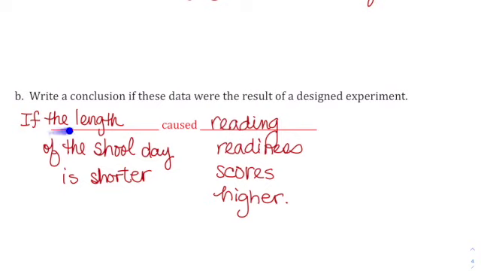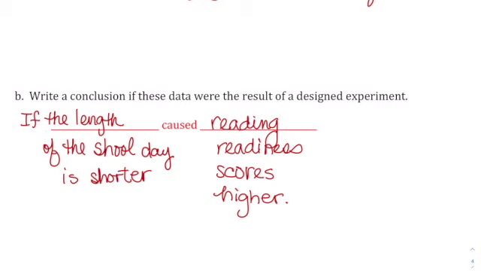Or you can say if the length of the school day is longer, it will cause reading readiness scores to be lower. So those are what happened, what you did to the population, and then you decided what you're going to do in the experiment, because they are designed experiments, so therefore there's some sort of design to it.